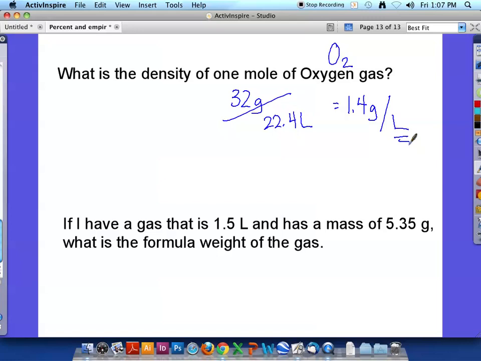Let's take what we know here and apply it to this question. If I have a gas that is 1.5 liters and a mass of 5.35, what's the formula weight? Well, what do we know?